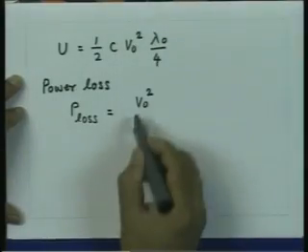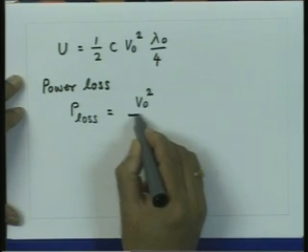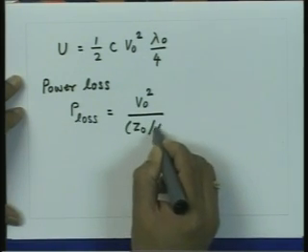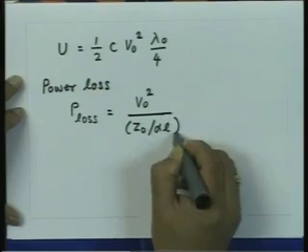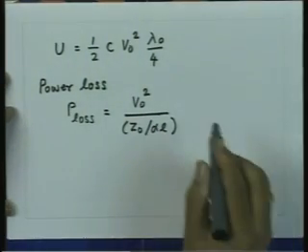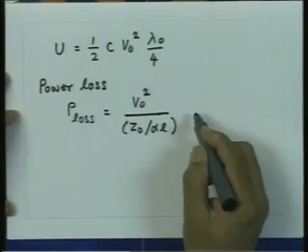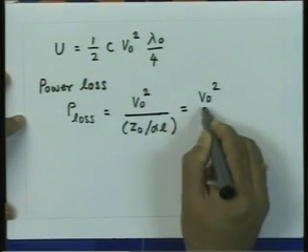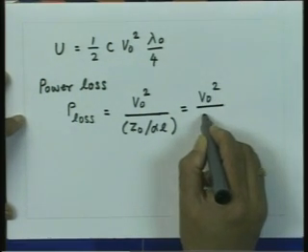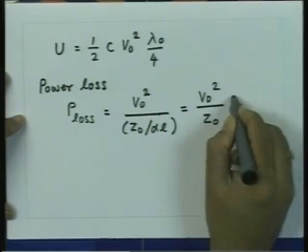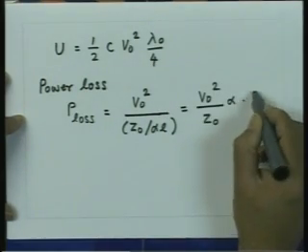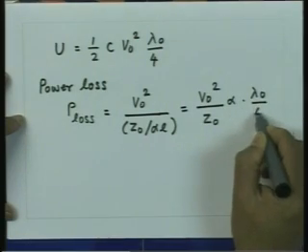So, I get the power loss, which is V naught square divided by the R, which is Z naught divided by alpha L. So, this is equal to V 0 square divided by Z naught into alpha into L, which is equal to lambda 0 by 4 in this case.